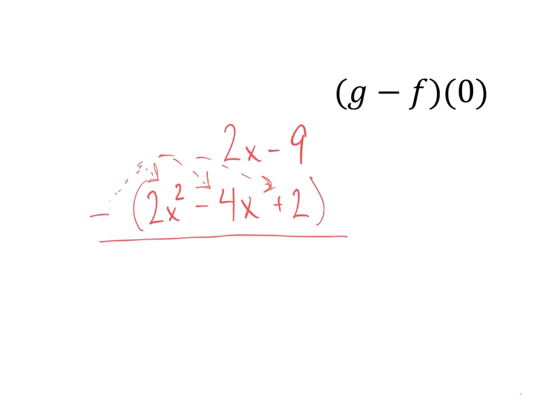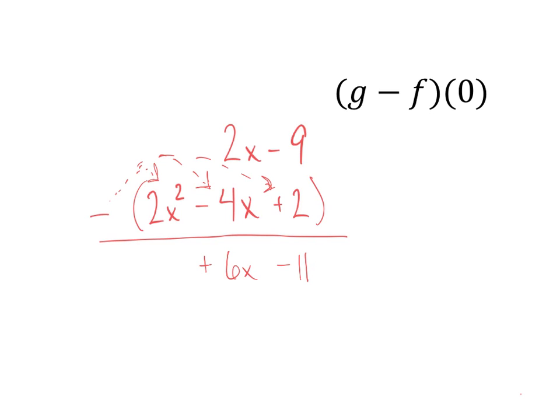All right, so this negative 9 minus 2 is going to be the same as negative 9 plus negative 2. Negative 9 minus 2, or negative 9 plus negative 2, is negative 11. 2x minus negative 4x is the same as 2x plus positive 4x. 2x plus 4x is positive 6x.